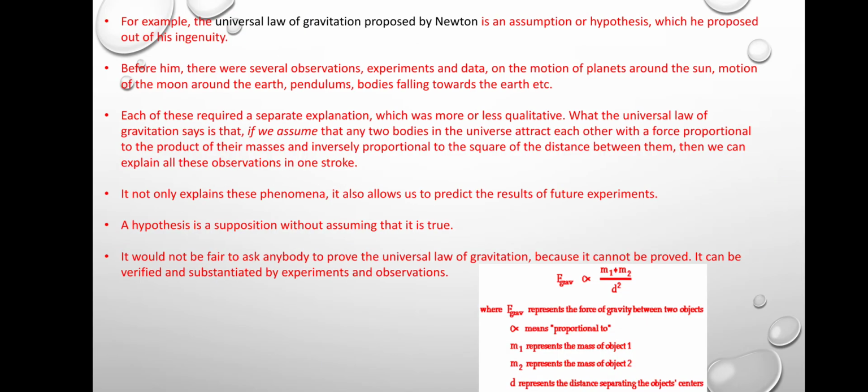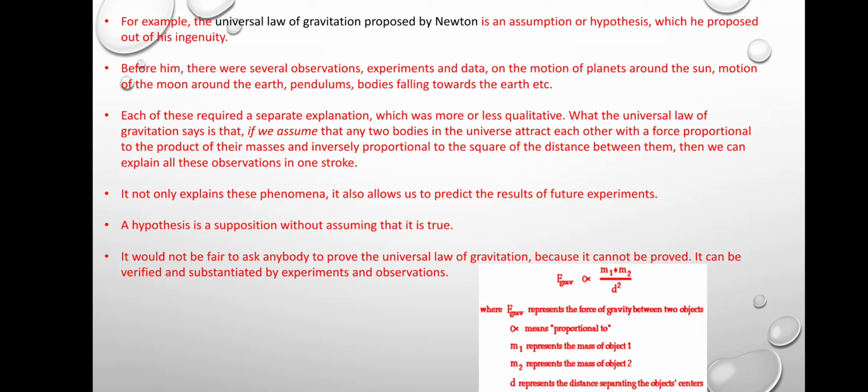All right, next. For example, the universal law of gravitation proposed by Newton is an assumption or hypothesis which he proposed out of his ingenuity. Before him, there were several observations, experiments and data on the motion of planets around the sun, the motion of the moon around the earth, pendulums, and bodies falling towards the earth. So all this was actually proven at that time. There were a lot of evidences.